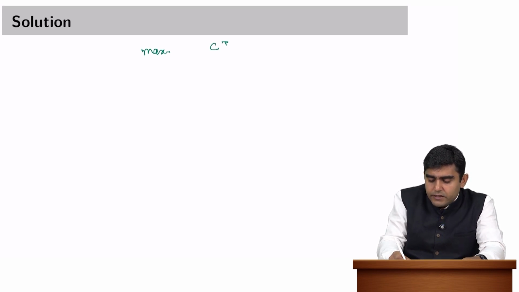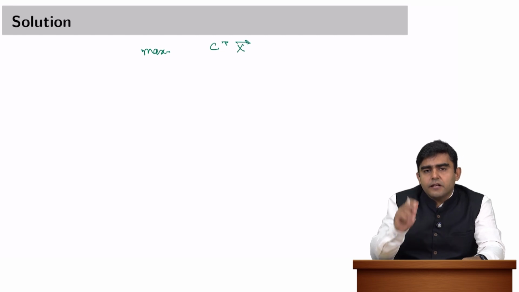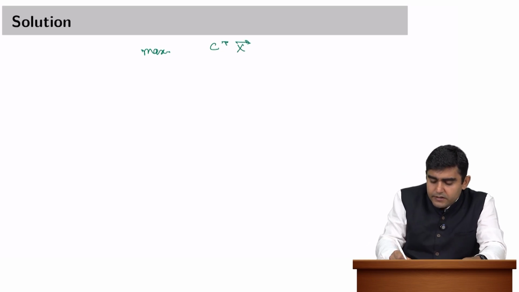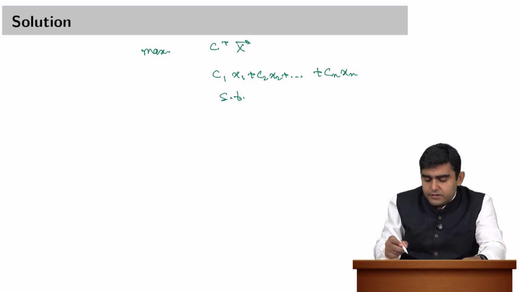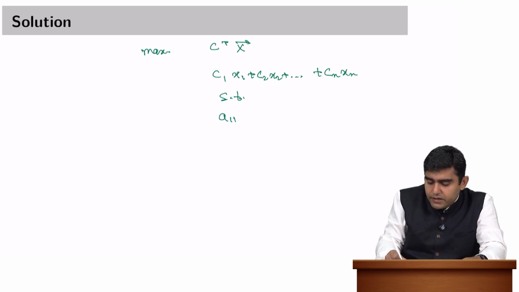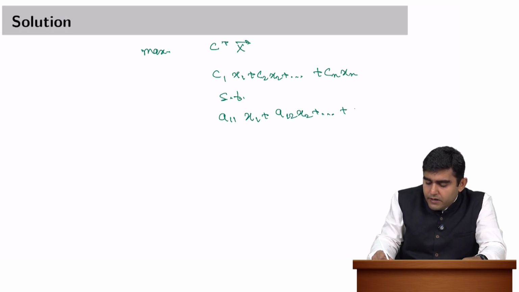So you were selling a certain amount of resource, and we can write this as C1 x1 plus C2 x2 all the way till Cn xn, and it was subjected to certain constraints such as A11 x1 plus A12 x2 all the way till A1n xn less than or equal to B1, and we had m number of constraints.